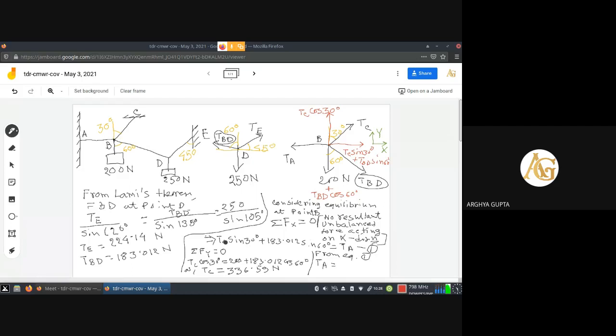TC is 336.59 into cos 30 plus 183.012 sin 60.